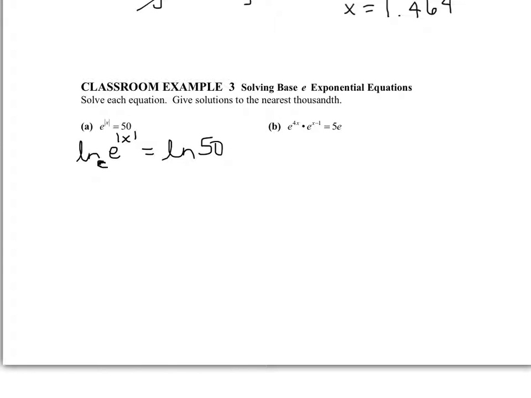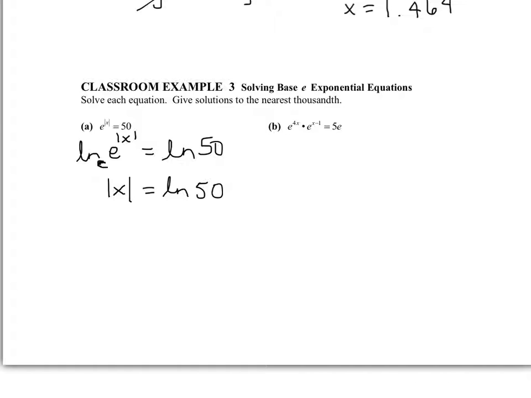Well, if you remember from earlier lessons, it will have to equal the exponent that is already there, when the base of the logarithm and the base that follows it match. So we're just going to simplify that to be the absolute value of x is equal to the natural log of 50. And that's something that's ready to go directly into our calculator.